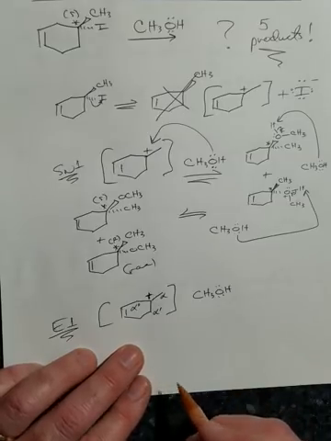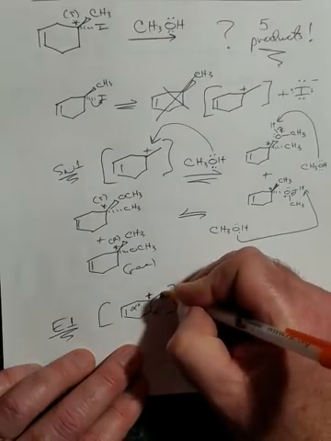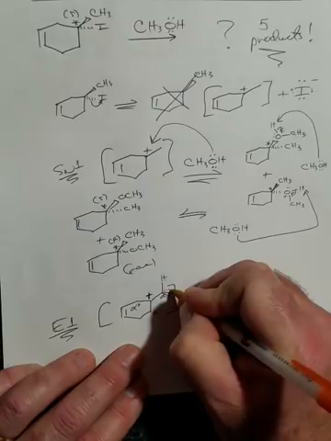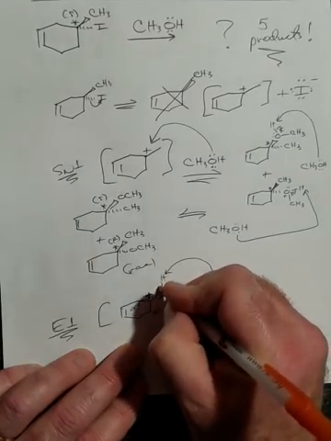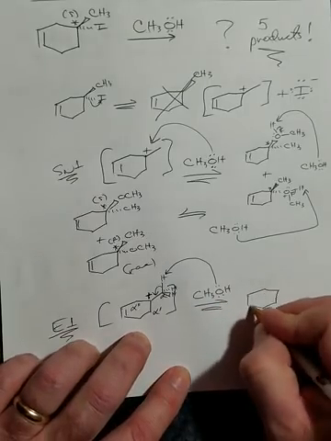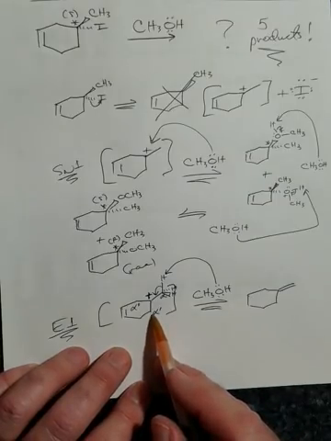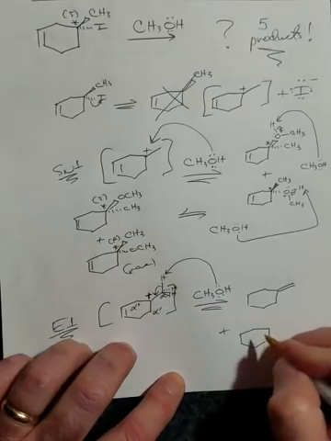Now what can happen in this E1 elimination is that we simply pull off an acidic proton. I'll draw the hydrogens at the alpha carbon here, and I'll show you the arrow formalism for this one. Our methanol will come in, pull off an acidic proton, and we will produce the corresponding alkene. Had I chosen a proton at alpha prime, we would have produced this alkene.